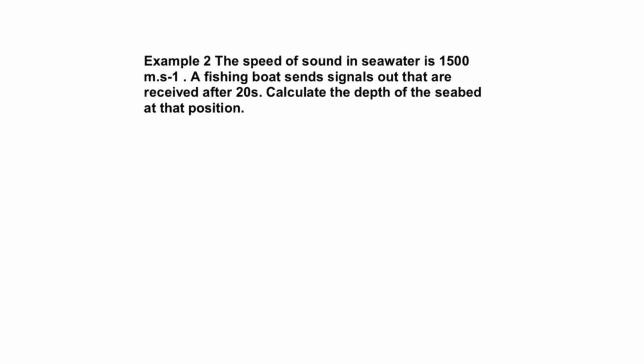Let's go ahead and take a look at example 2. So example 2, the speed of sound in seawater is 1,500 meters per second. A fishing boat sends signals out that are received after 20 seconds. Calculate the depth of the seabed at that position. So the depth, we are interested in the distance.